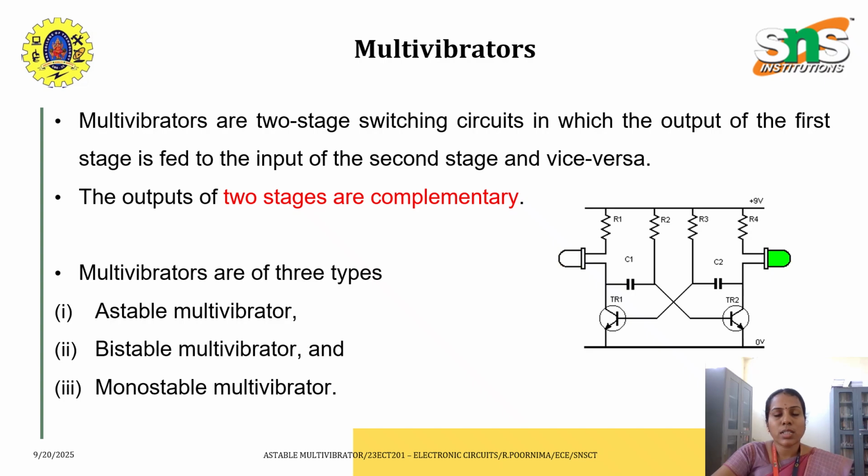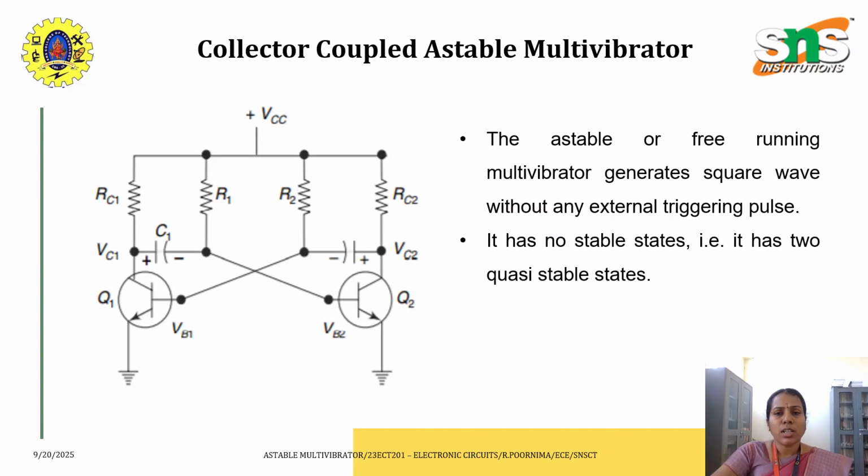Like this, these two stages are complementary. It is continuously switching on and off, and it comes in several types like astable multivibrator, bistable multivibrator and monostable multivibrator. Let's see the astable multivibrator in detail.